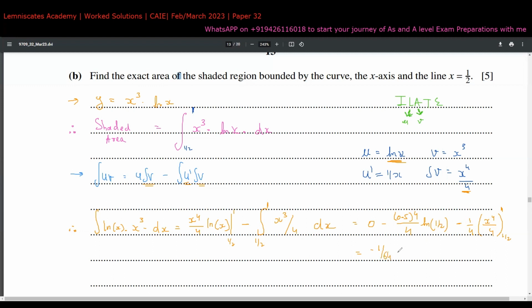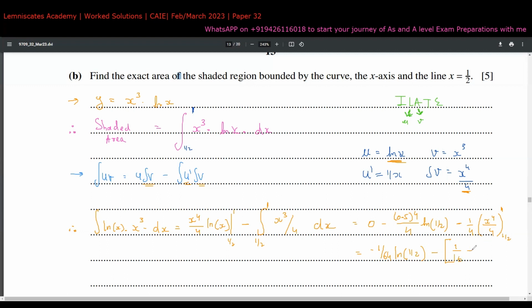ln of half can be written as ln of 2 to the power of negative 1, or else you can just keep it ln of half if you want. And then over here, if you solve it for this, 1 by 4 into 1 by 4 is 1 by 16. I've kept minus out as common.